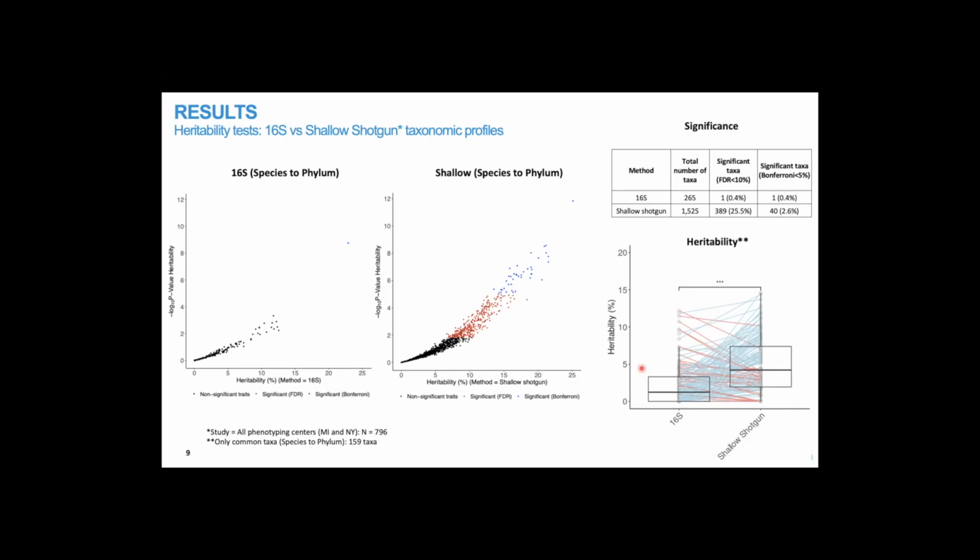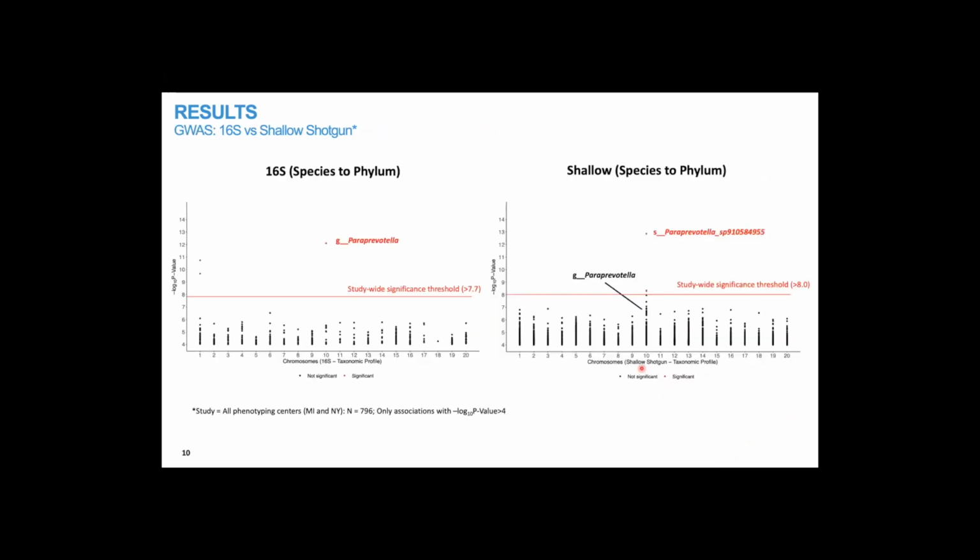In terms of GWAS, after all these Bonferroni adjustments for correction for multiple testing, we were able to find the same number of significant taxa. However, it is super interesting to see that for 16S, as I said, we can have a good resolution on the genus level.